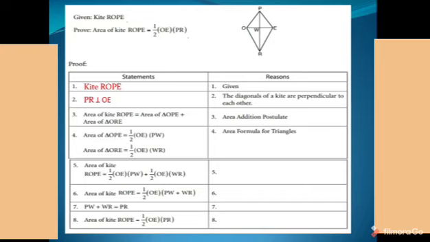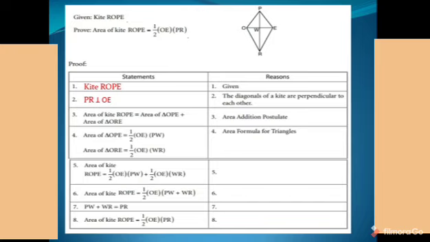For number three, area of a kite ROPE is equal to the area of triangle OPE plus the area of triangle ORE. And that is area addition postulate. For number 4 statements, you would have therefore that the area of triangle OPE is one half of the segment OE times segment PW.